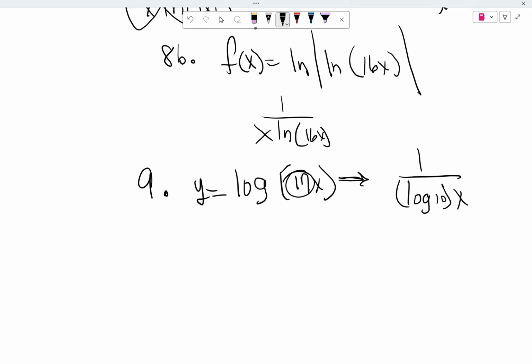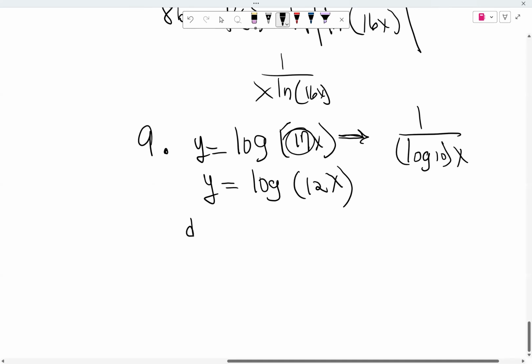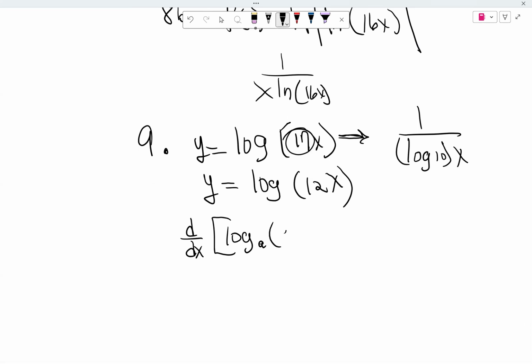In this case, let's say I hypothetically have y equals log of 12x. Then I'm going to think of this in terms of the derivative. So d over dx of some log base a of g of x, we also know this becomes 1 over the natural log of that base times the first derivative of g of x over g of x itself.